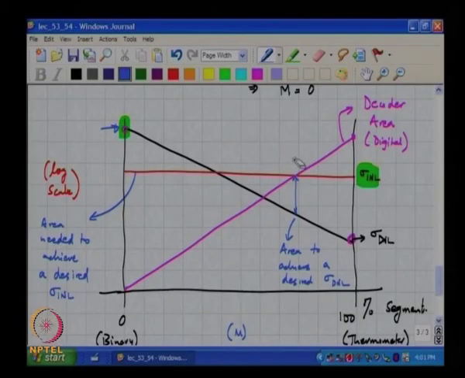So, this is the optimal point of segmentation. Does it make sense? Is it clear? All right.